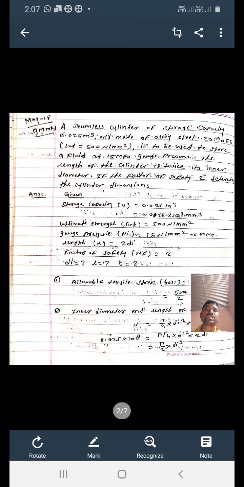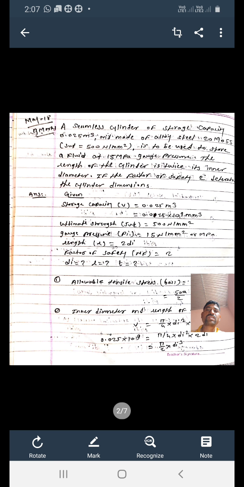The length of the cylinder is twice its inner diameter. Read carefully. If the factor of safety FOS is given as 2, determine the cylinder dimensions.